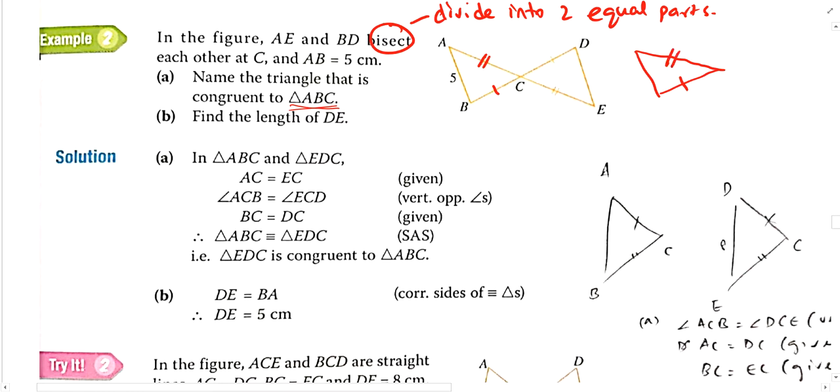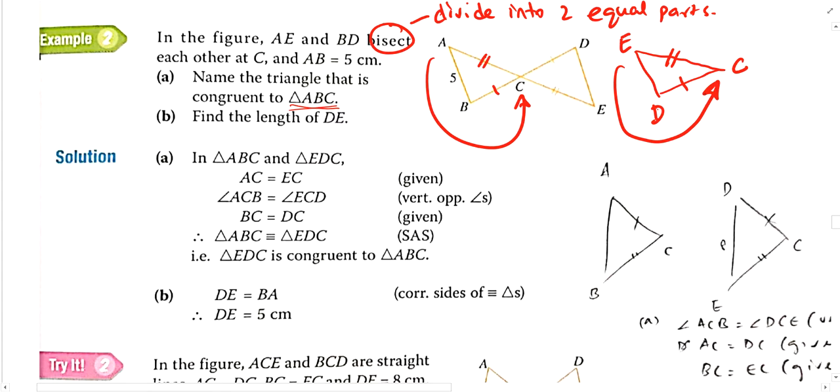Okay? So can you tell me what is this point over here? Now we consider this triangle. Now if we map it over. What is this point over here? C. Quite clearly it is C. Okay, C. So what must be this point over here? D. So this must be D, and this must be E. So the triangle that is congruent to ABC must be, what is the triangle that is congruent to ABC?